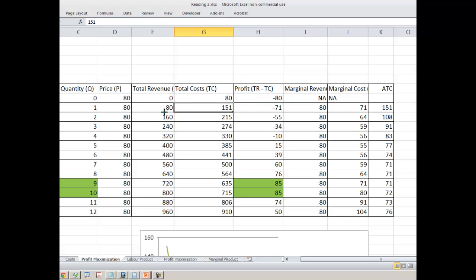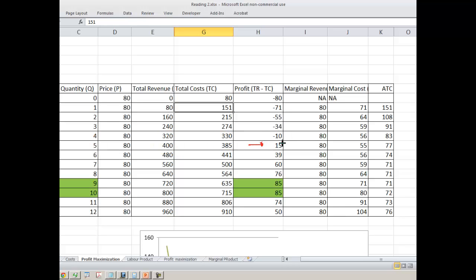Then your revenue is 80, your cost is 151, so still your profit is negative. Typically when you produce less quantity, you have negative profit, a loss, right? When you are producing 4 units, revenue is 320, total cost is 330, still you are in loss. But the moment you produce the 5th unit, your revenue has become 400, your cost is 385, you are into profit.